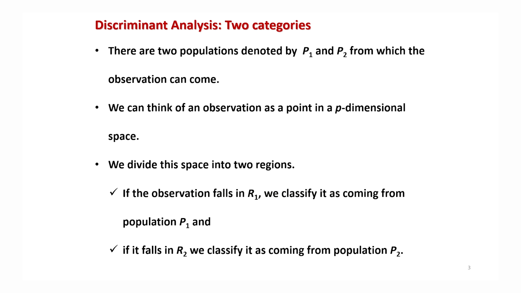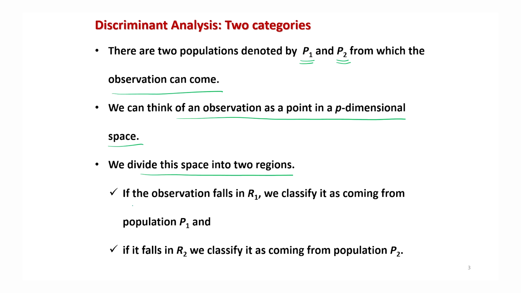Because we are now considering only two populations, suppose those two populations are denoted by capital P1 and capital P2. We assume that this observation arises from one of these populations, P1 or P2. Because we are getting the observation on p variables, we can think of the observation as a point in a p-dimensional space. We would like to divide this p-dimensional space into two regions.